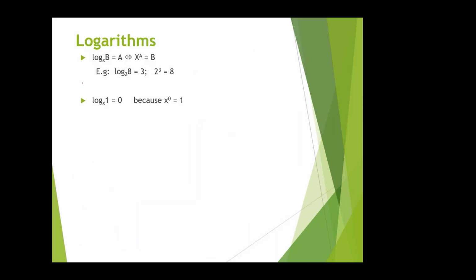Now we will also see some rules regarding logarithm. Whenever we say something raised to 0 is equal to 1, if we want to convert it into log, log base anything of 1 is equal to 0. That's why we are getting x raised to 0 is 1. Anything raised to 0 is 1.